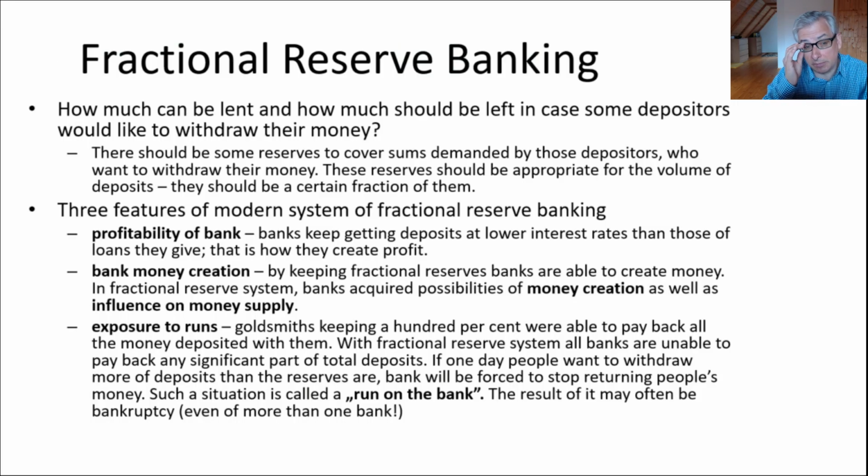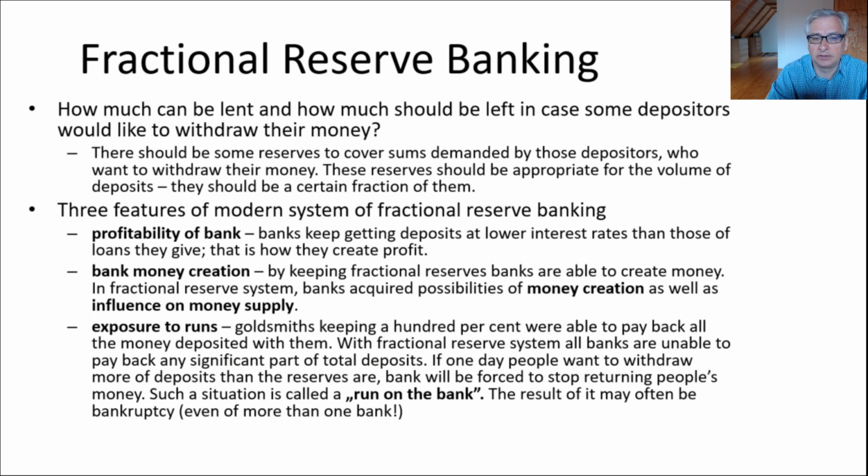As you may remember, this whole fractional reserve banking, which is actually the essence of modern banking activities, had three features. We distinguished three features here: profitability, bank money creation, and exposure to runs.